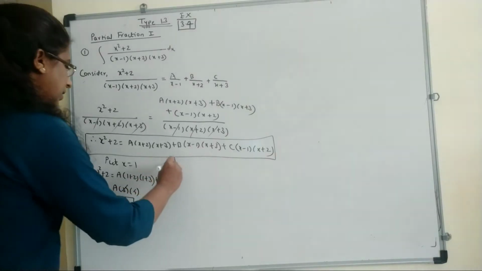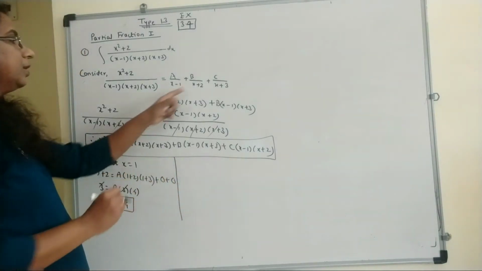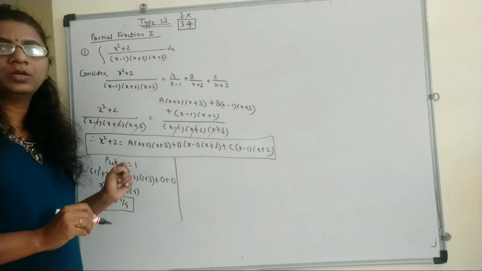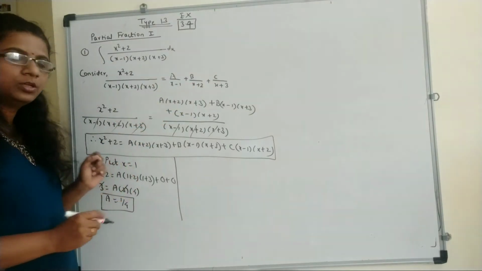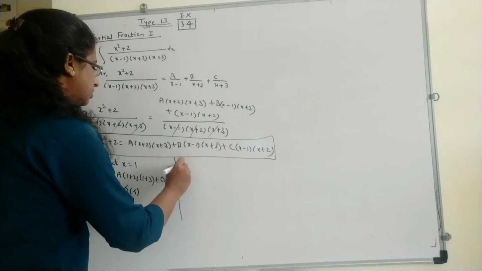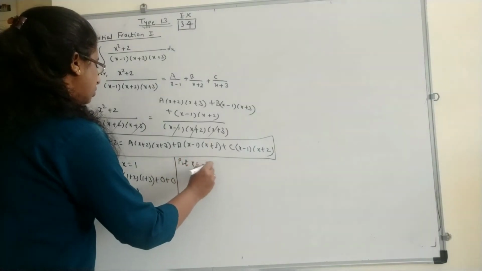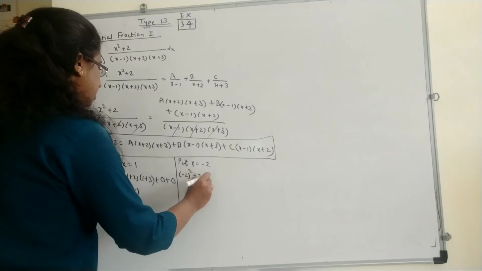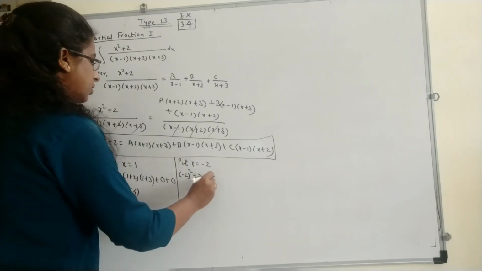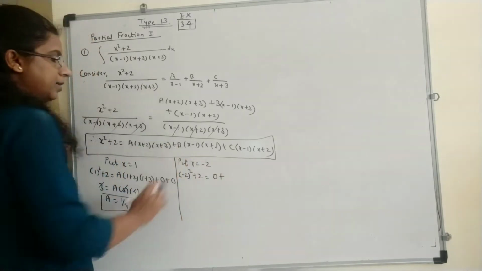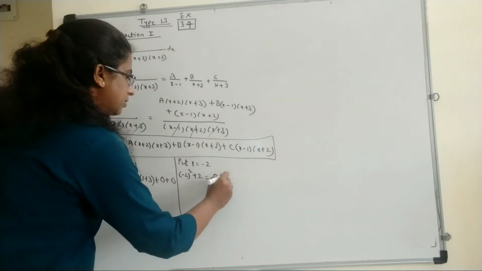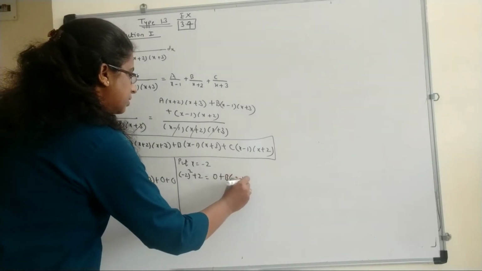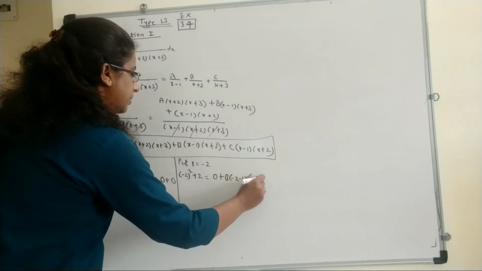Okay. आता पुढे बघा. Second factor आहे x plus 2. x plus 2 is equal to 0, so we substitute x is equal to minus 2 in the same equation. So this is minus 2 square plus 2. आता minus 2 असल्यामुळे ही first term 0 येते, plus b into bracket minus 2 minus 1 into minus 2 plus 3.